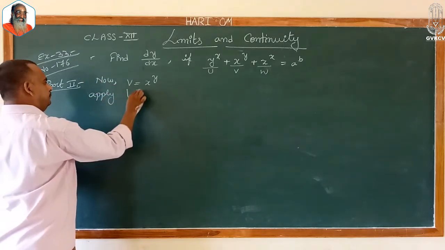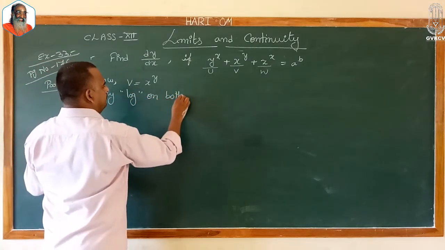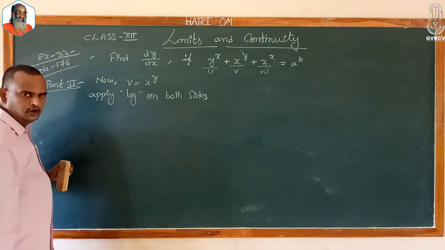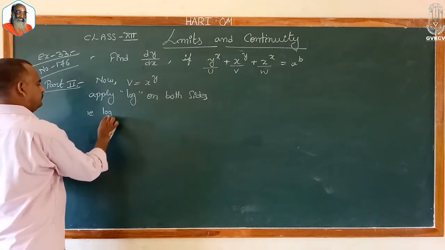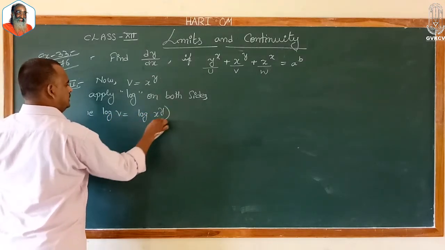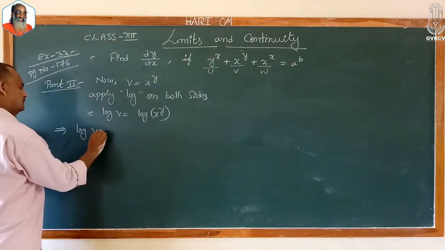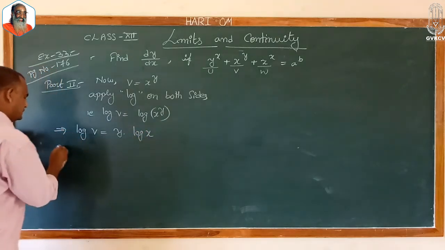Apply log on both sides. When we apply log on both sides, what do we have? That is log v = log x^y. That implies log v = y log x.